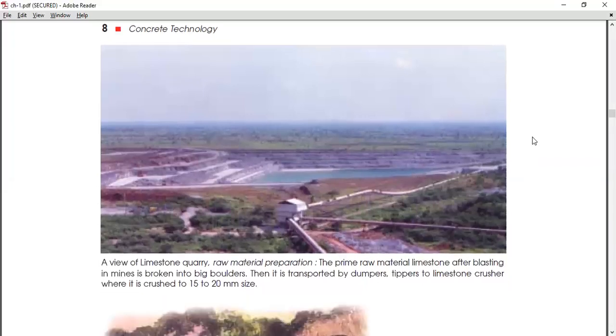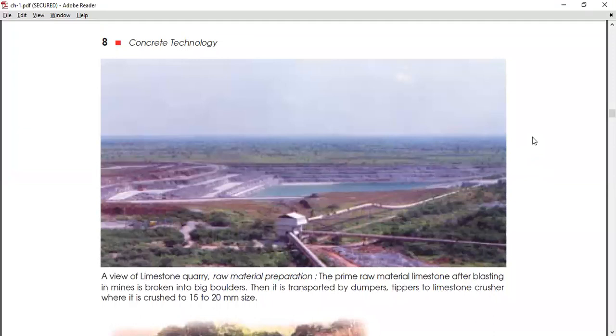Let's come to our main topic. This is the photograph of a limestone quarry where raw material is prepared and transferred to the crusher by means of loading truck or belt conveyor, which is shown in this picture.